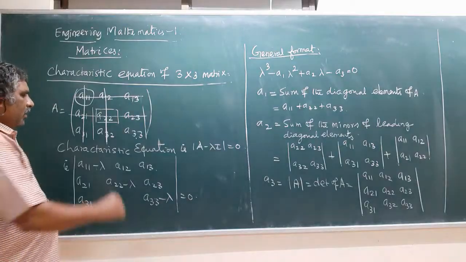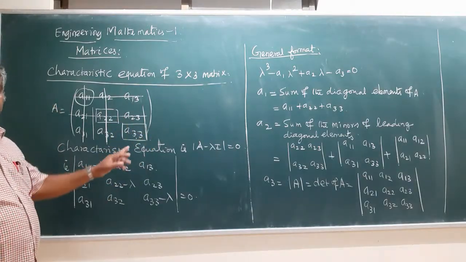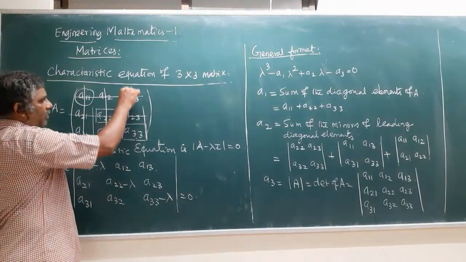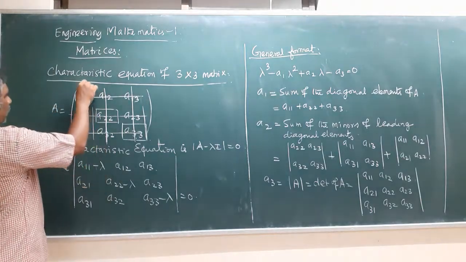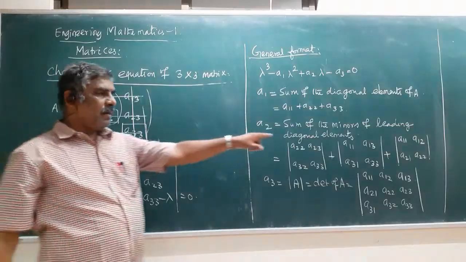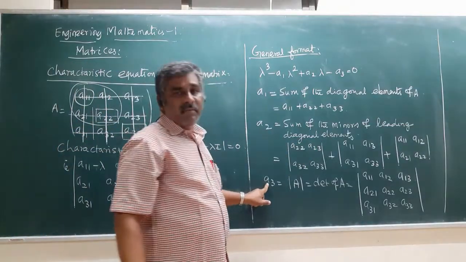Plus the third one, the diagonal element is A33. The minor of this diagonal element A33 is: you leave this column and this row, and then this is the third minor. Now the last one, the value A3.